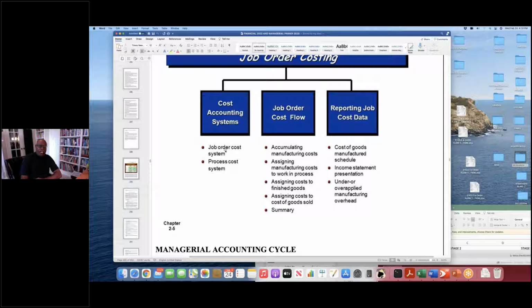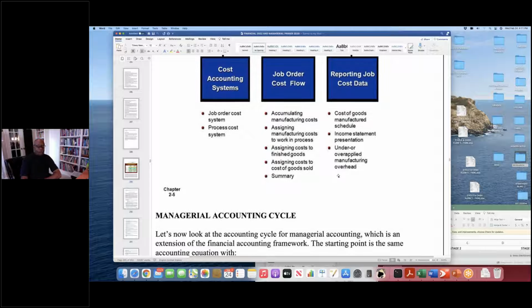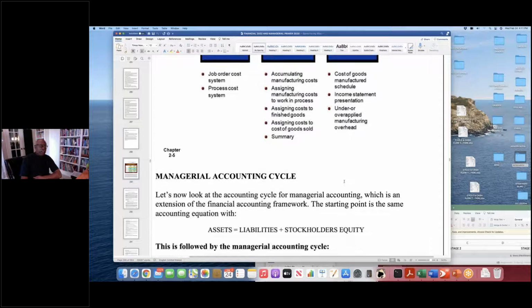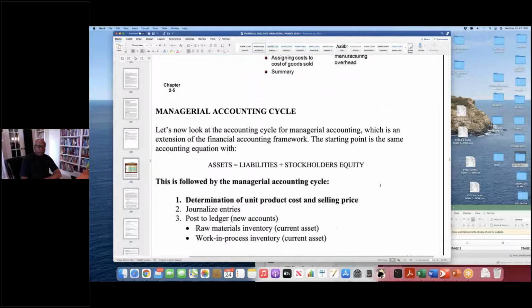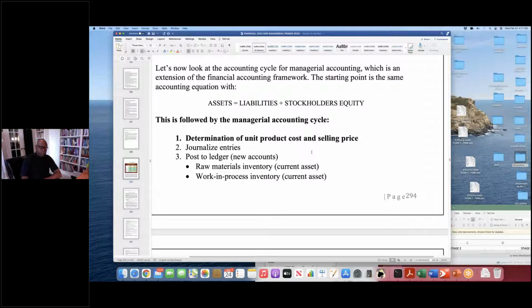And we start with the job order system, then we'll move to the process costing, job order first, and then process costing. And we said our goal is to determine initially how much an item costs us. Nobody tells us that. We have the managerial accounting cycle, and we'll get back to it today somewhat.